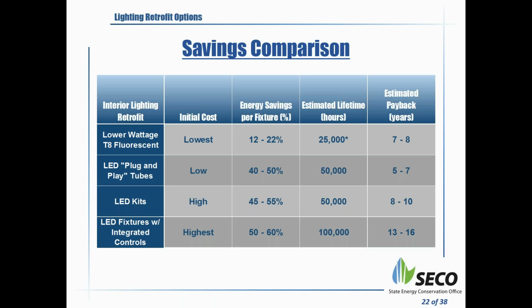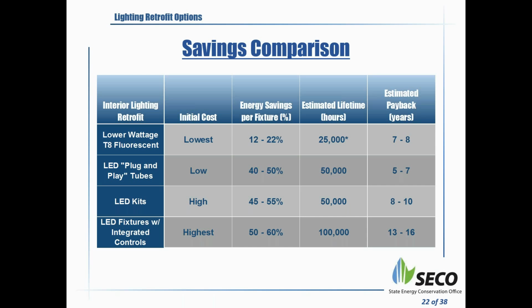And if you're considering a full fixture retrofit, in other words, you take the old 32-watt T8 lamp fixture out and put an LED one in there, then that will be the highest cost, because now you're paying for the full fixture cost and installation.